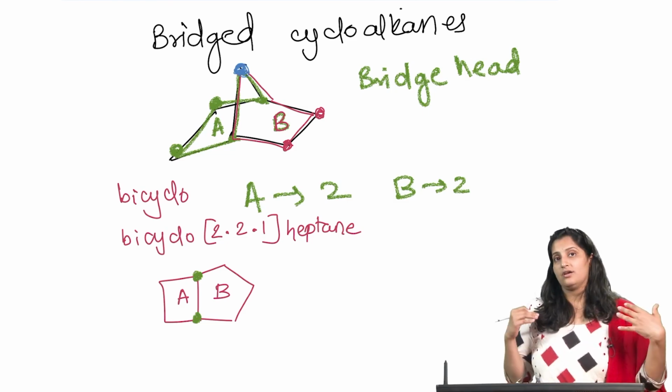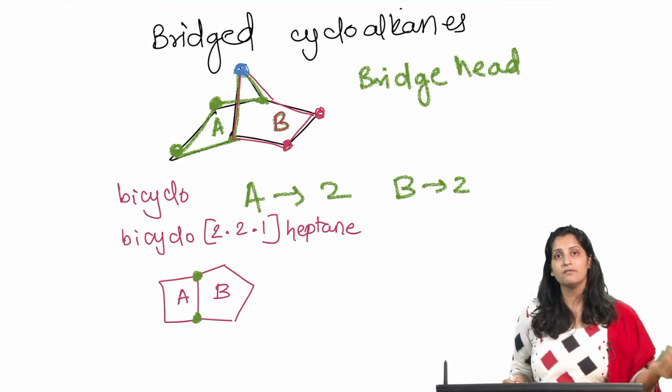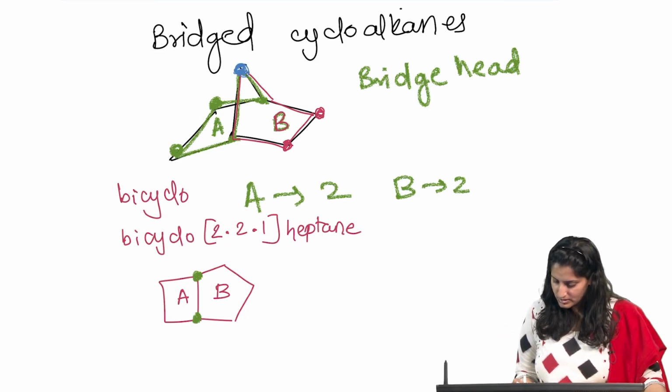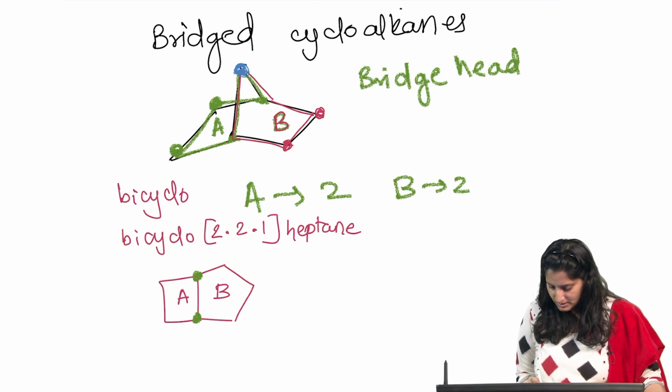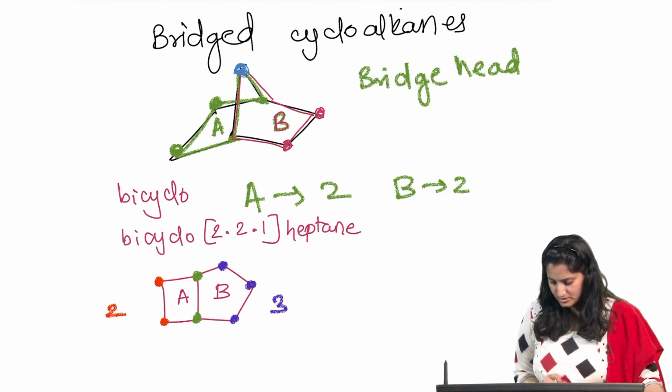As you can see, the bridge has 0 carbons, meaning it is a direct bond between the two bridgehead carbons. So, now I am going to count the number of carbons in ring A. So, that is 2 carbons. I am also going to count the number of carbons in ring B, that is 3 carbons, right.